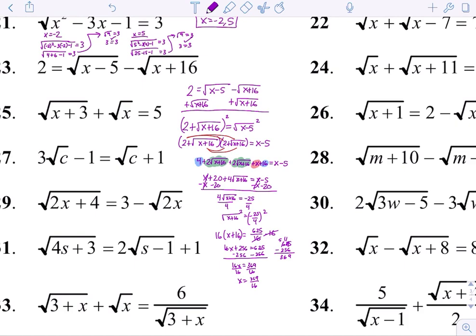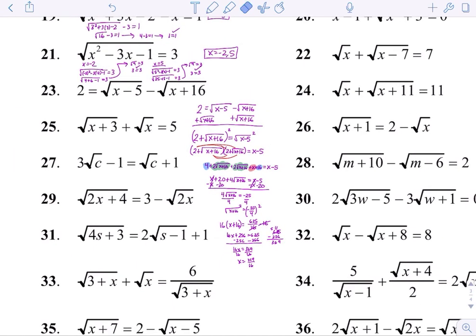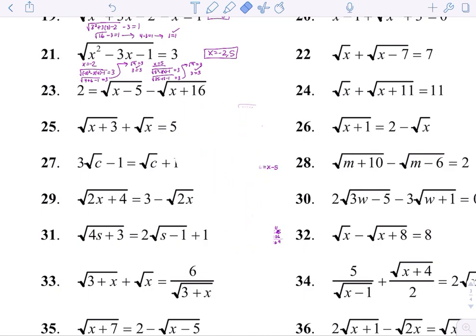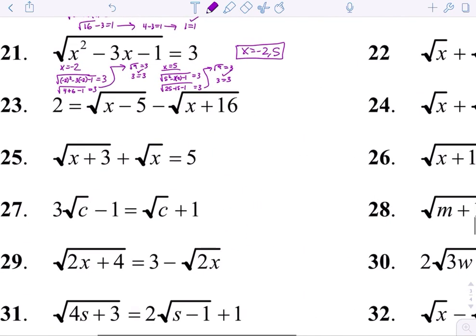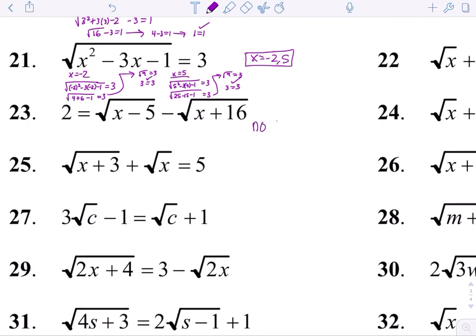But basically, if you put that in, obviously that's not going to cancel out correctly, so this one's just going to be a big old no solution. Told you those ones are challenging.